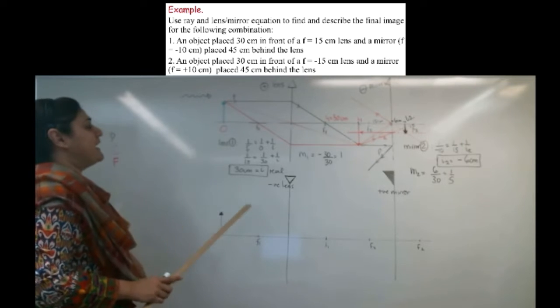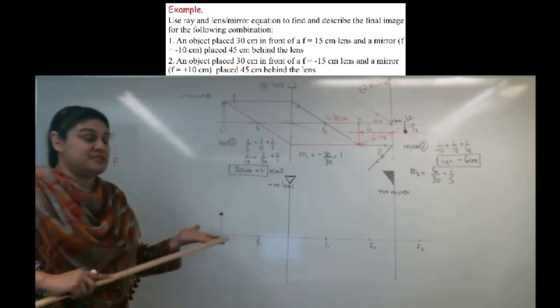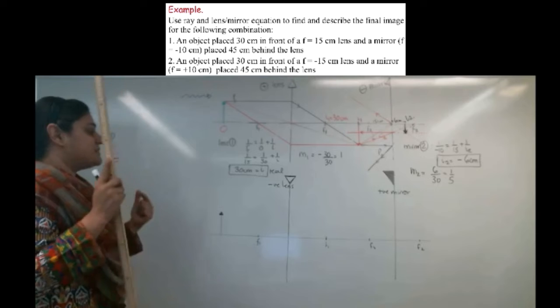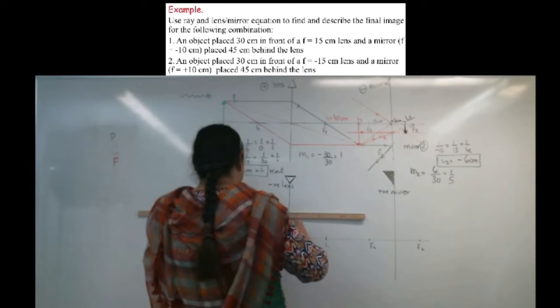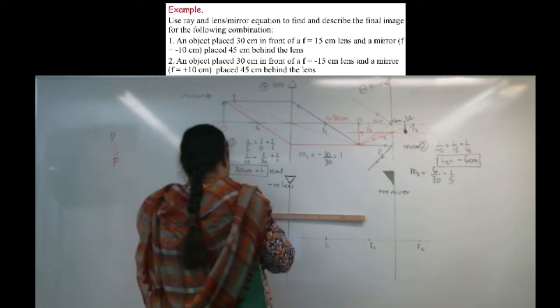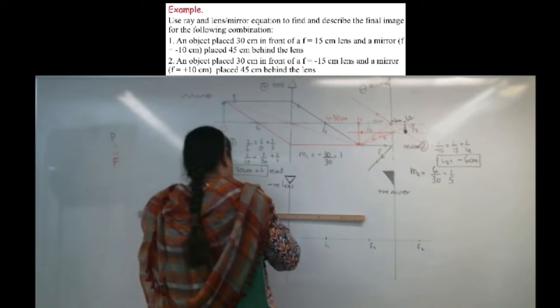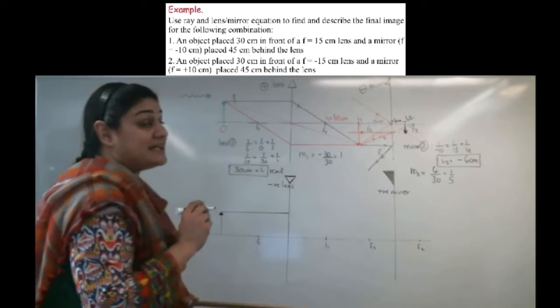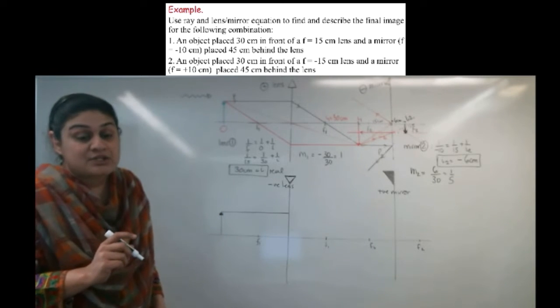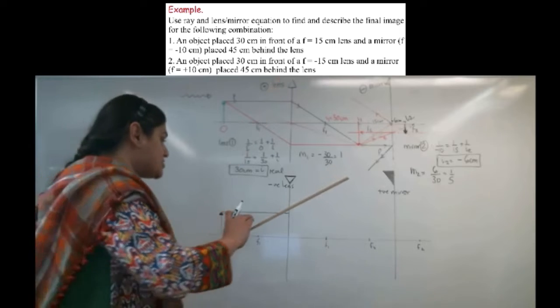So now we have to figure out the same exact rays. Principal, chief, focal. So the principal ray will go this way. Remember, it's a lens, so it's going to use both rays. And it hits this. It is a negative lens, so it is going to diverge.